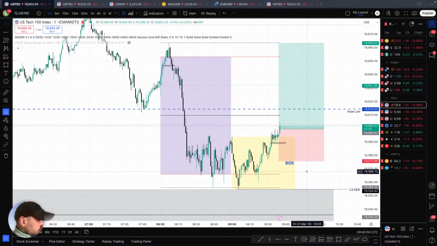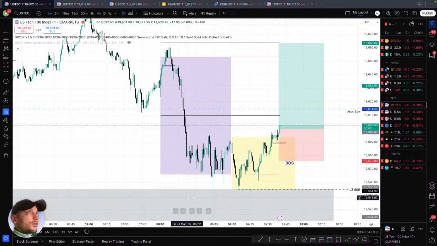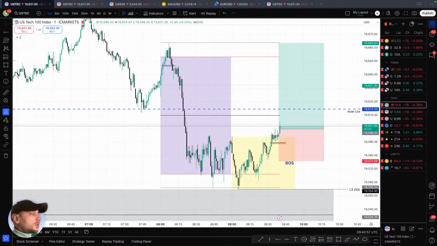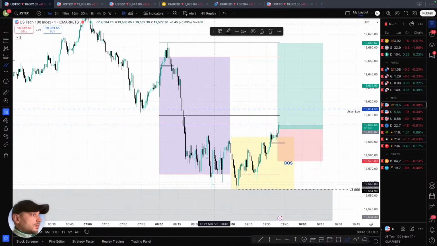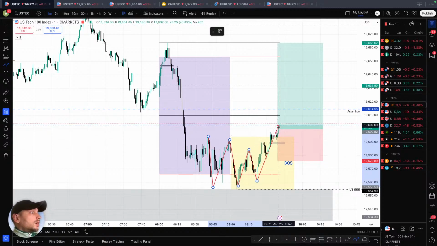While we're going in, we saw rejection here from this area, from the DR area, which we saw one try, second try, third try.